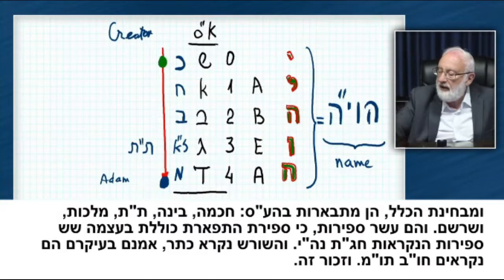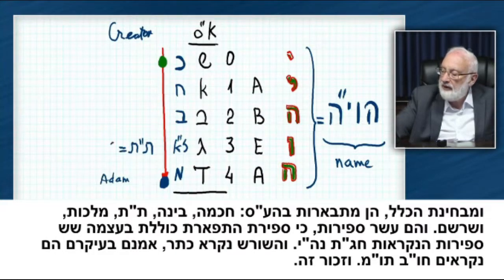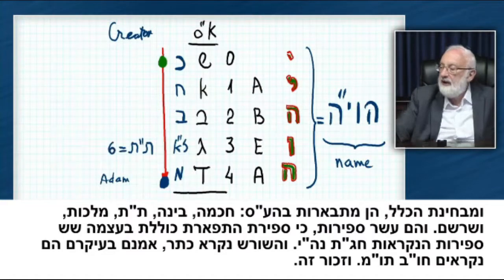I'm going to write this in Hebrew because you will need to know some of these symbols in Hebrew. So this sfira of Zeir Anpin includes 6 sfirot inside of it. So we have 1, 2, 3, and 6, which is 9, and then 1 more, Malchut, which is 10.